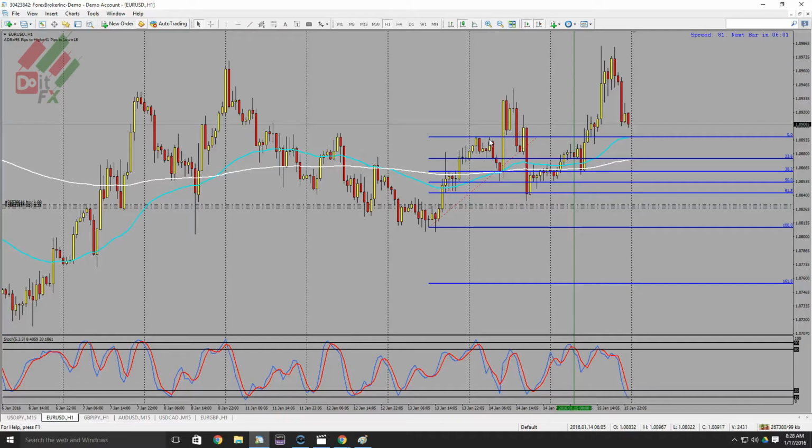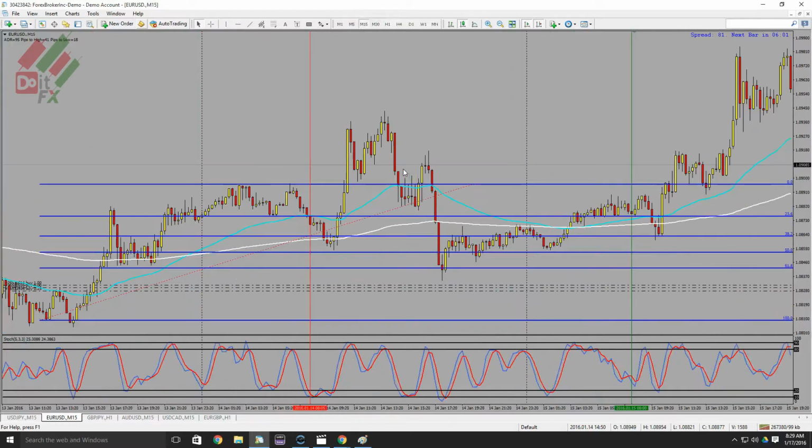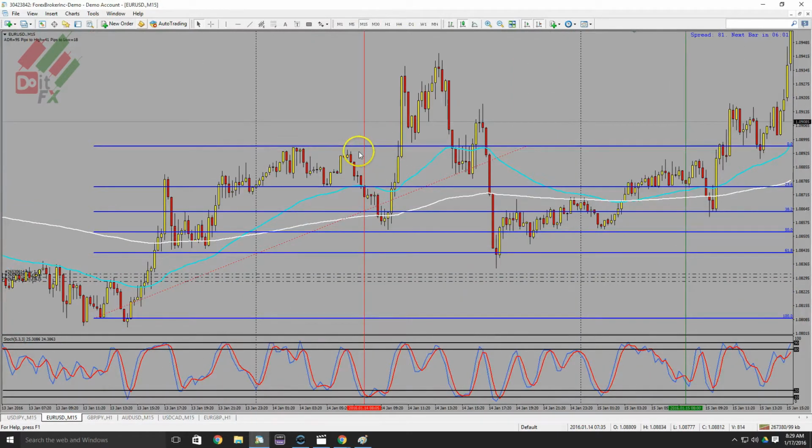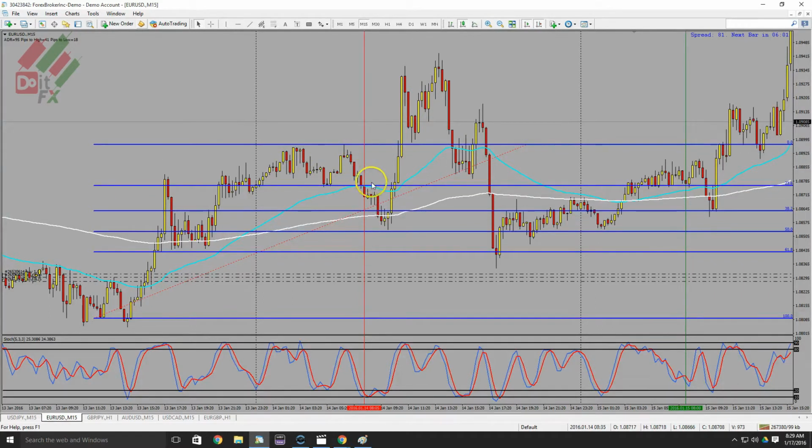Remember, after AGMT, there's the fakeout, and then there's the real move, right? I'm going to go to the 5 minutes, the 15 minutes. At the time, this was the high. AGMT, fakeout, real move.